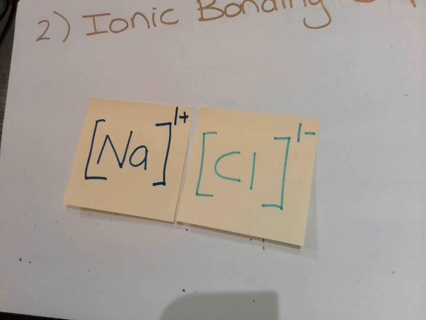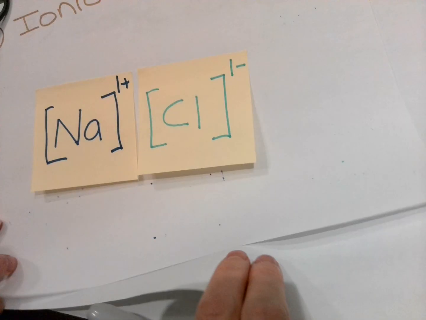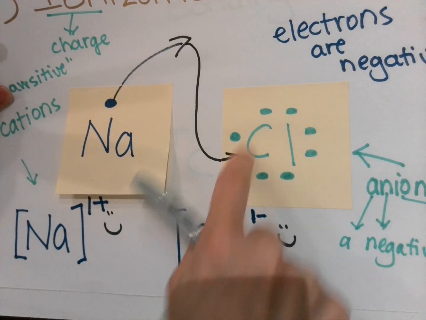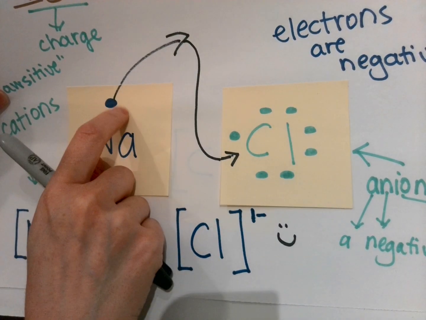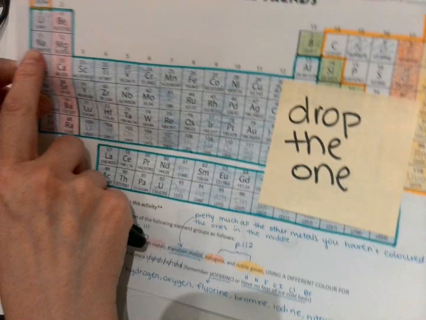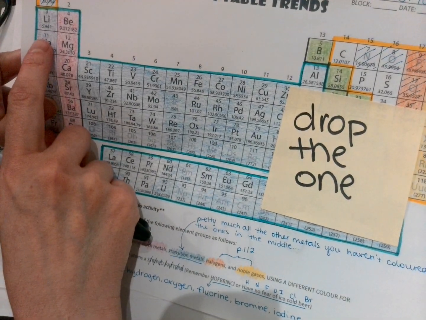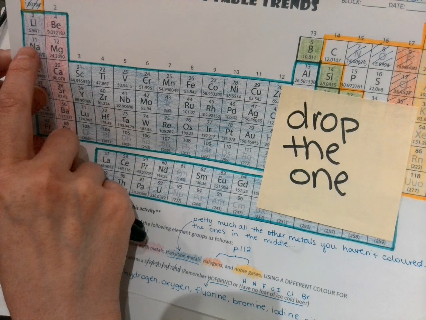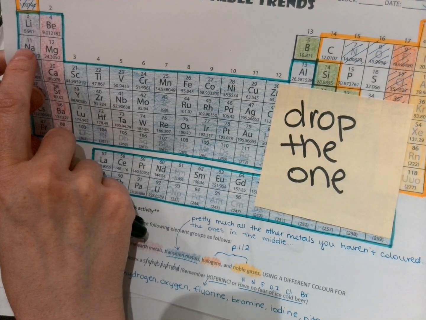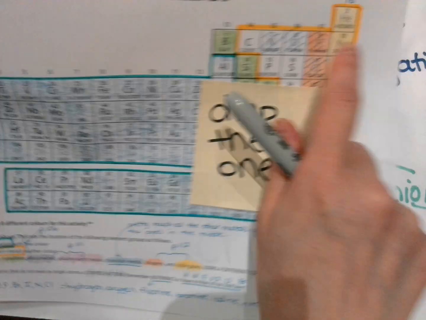And I'm also going to draw my valence electrons there to remind you that we have a full valence shell for chlorine and a full valence shell for our sodium. So what sodium has done is it's lost an electron here, and basically it's become like its closest noble gas, which would be number 10, which is neon.